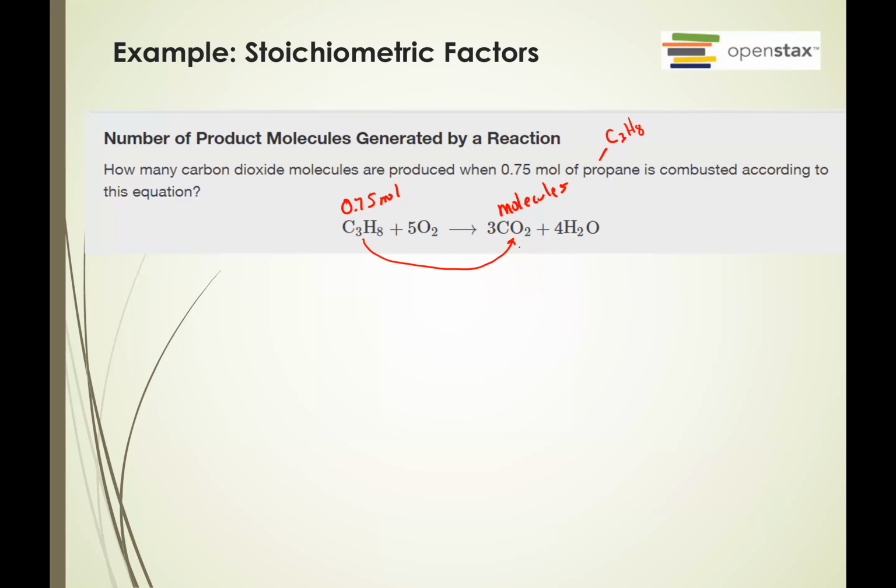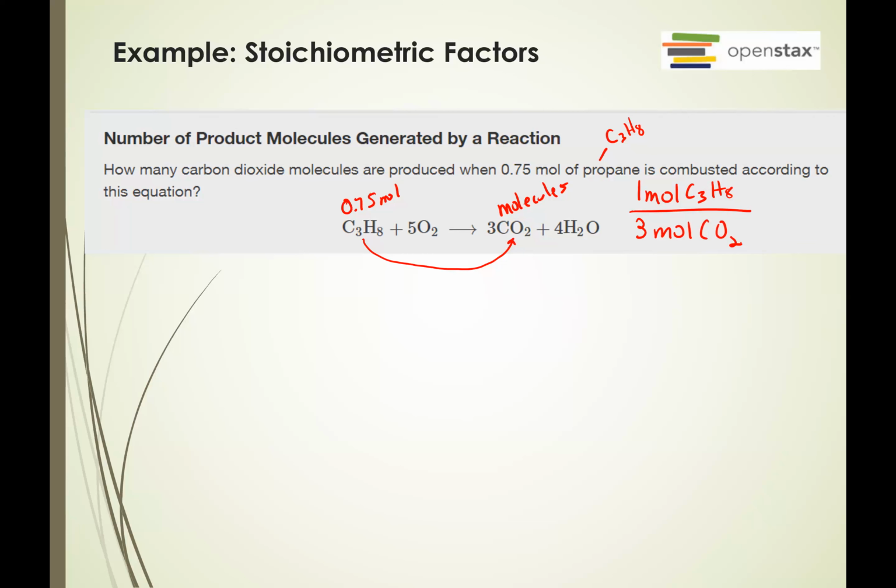And the only way we can do that is using a mole ratio. So somewhere in this problem, we're going to use the mole ratio. How many moles of C3H8 are there? Yeah, there's 1 mole of C3H8. How many moles of CO2 are there? 3 moles of CO2.